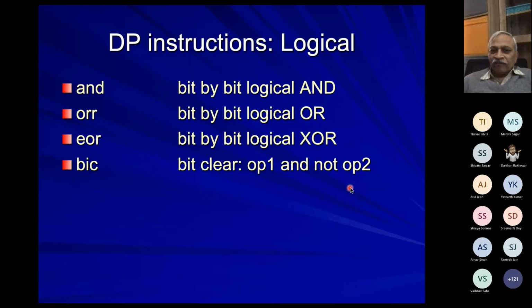So wherever you have a 1 in OP2, that corresponding bit in OP1 gets cleared, is made 0, and that you can see for yourself by analyzing this operation. Okay, so if you have a bit pattern in OP1 and you want to clear certain bits, you have ones in those positions in OP2 and perform BIC operation.